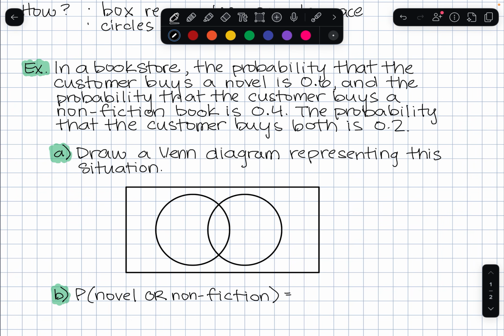So there are my two circles, and I'm going to start labeling stuff. So this is going to be novels. This is going to be nonfiction. And then this is my sample space.